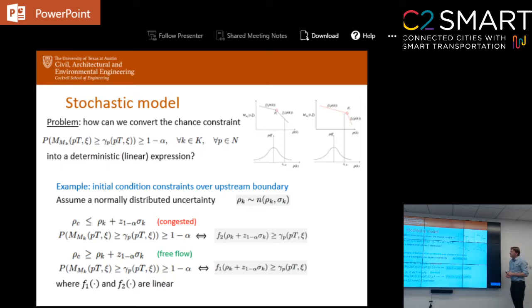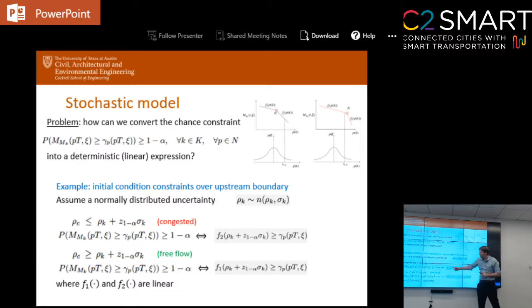There is one big limitation on this approach. That limitation is that we need to assume that each of the initial condition uncertainties is uncorrelated. If we assume correlation, we cannot reformulate the chance constraint as linear expressions. If we assume independence between the initial condition uncertainties, then we can reformulate each of these constraints as a linear constraint.